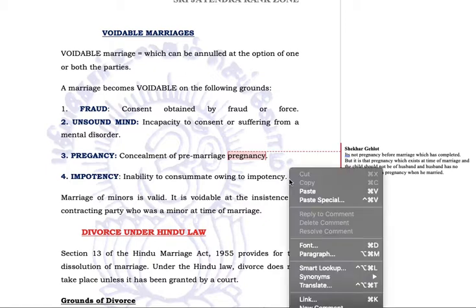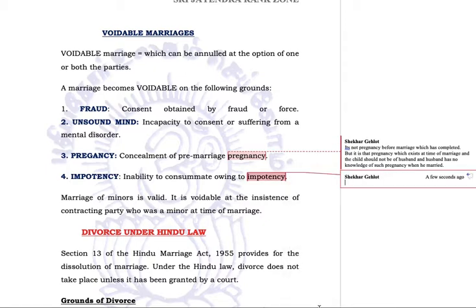Impotency is not the lack of capacity to bear a child. No capacity to bear a child is not impotency, it is sterility.